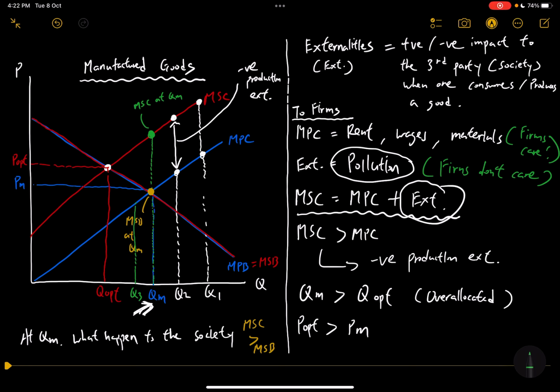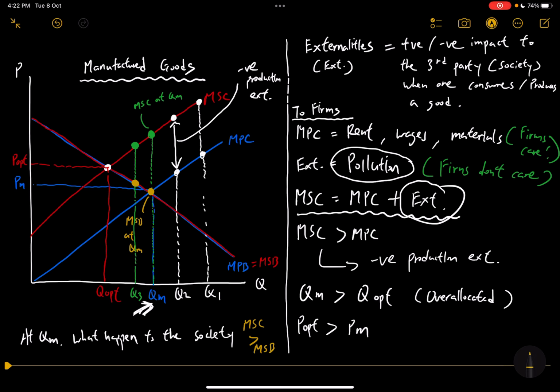Go up right here. This should be the MSC at Q3, another green dot. And you should be able to find the MSB at Q3 as well. When you look at the MSB curve, this other yellow dot is where the MSB is at Q3.